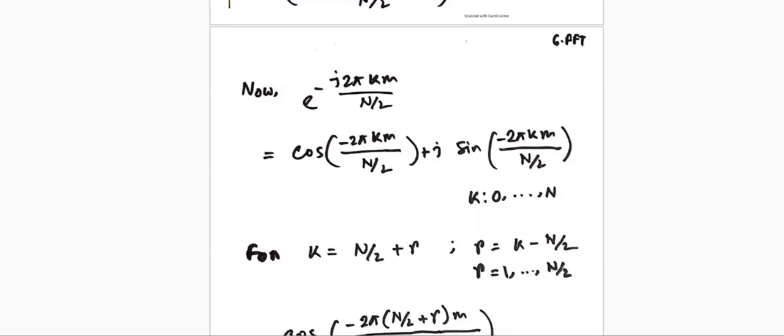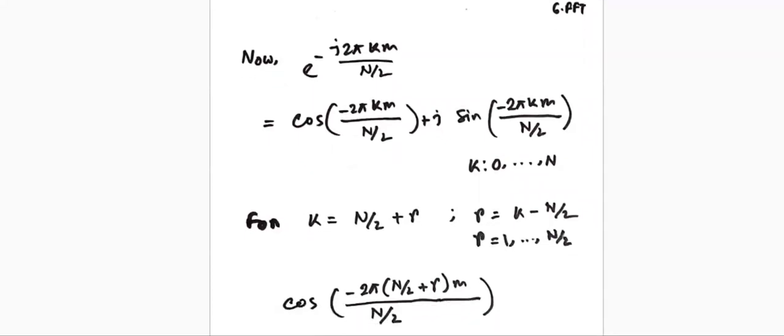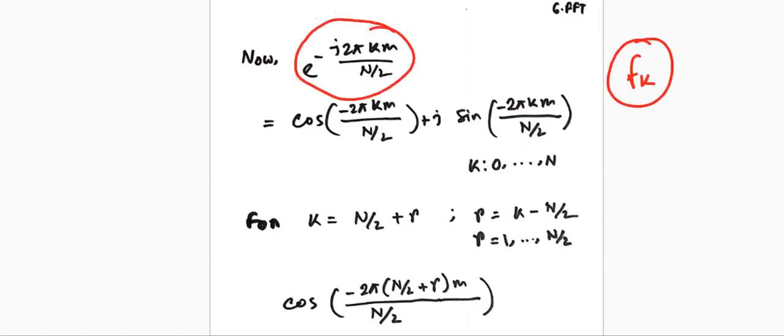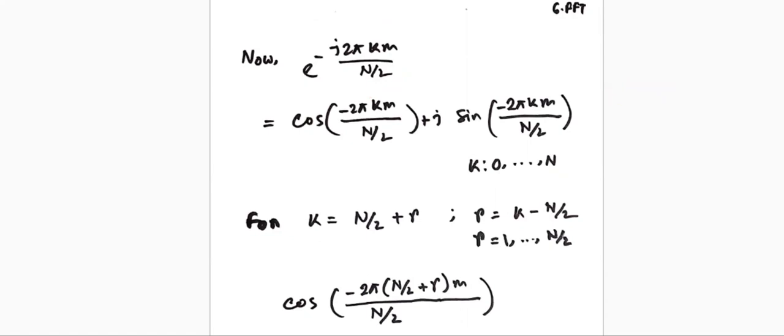Very simple. And what is the range of k? The range of k is from 0 to n. Try to understand that. So how many values should you find for fk? You should find n numbers of this term.